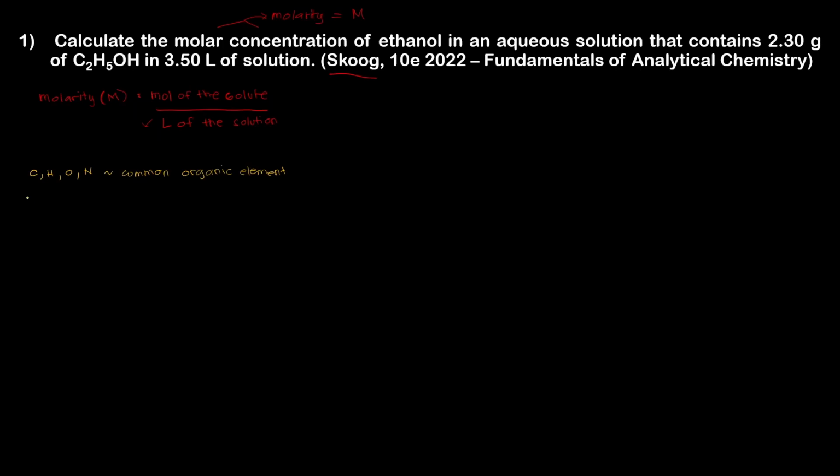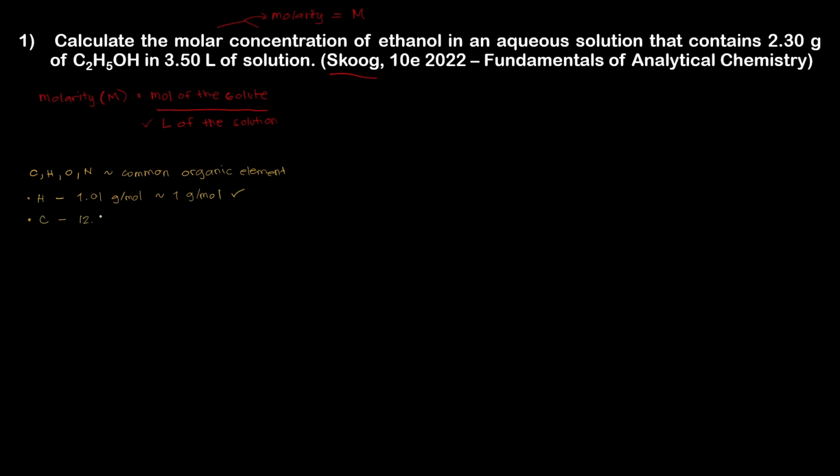So first, let's start with hydrogen. Hydrogen, we all know, is just 1.01, or you can just use 1 gram per mole. Next would be carbon, which is very common as well.